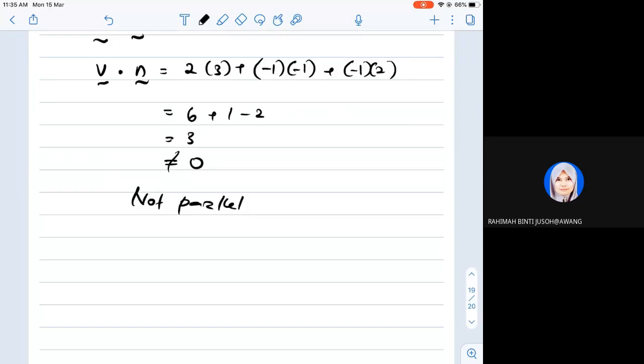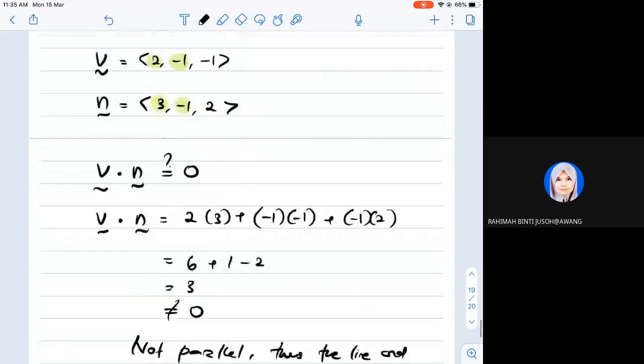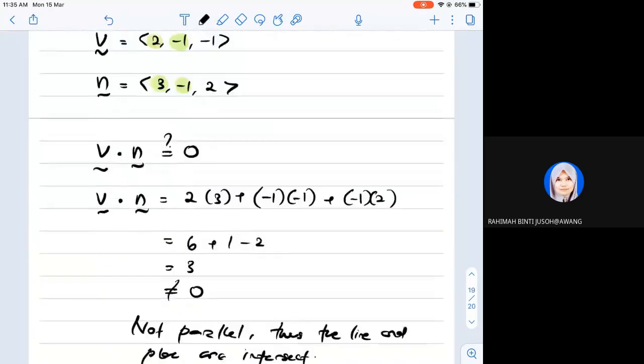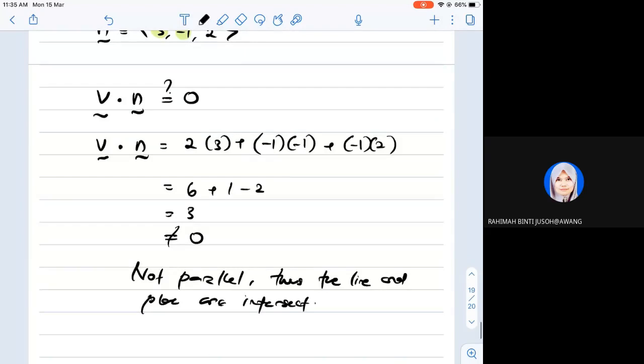So bila tak parallel, thus the line and plane are intersect. Macam tu. Okay, bila dia tak parallel maksudnya line dengan plane tu intersect. So sekarang ni kita nak cari intersection point between the line and plane.